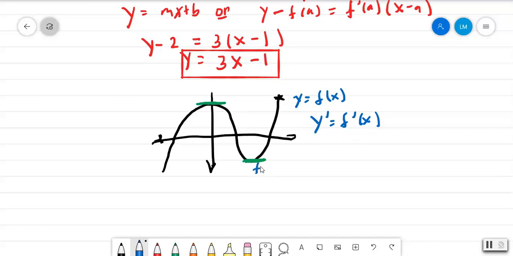In this case, we have f prime of x equal to 0 here, and over here, f prime of x is also equal to 0. But it's for a specific value, so try not to get confused. This could be 0, for instance, and this could be negative 3 or something like that. So what you want to do is find any equation where the slope might be equal to 0.